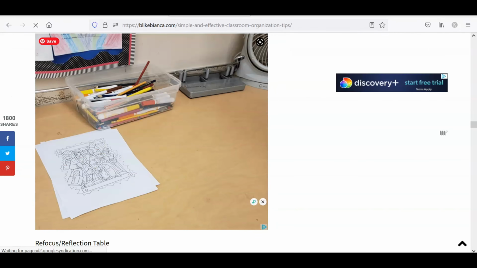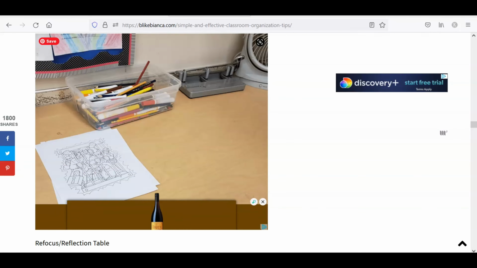The next area is my refocus reflection table, which I always have in the back of the room or the corner of the room where a student can sit and just relax. They also can color. I have coloring pages. I also have a Chromebook where they can just listen to some background music or watch a calming video.